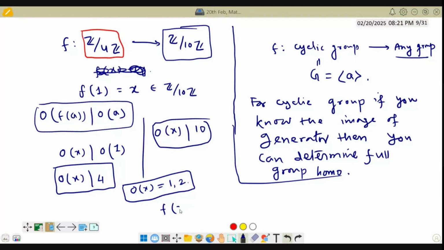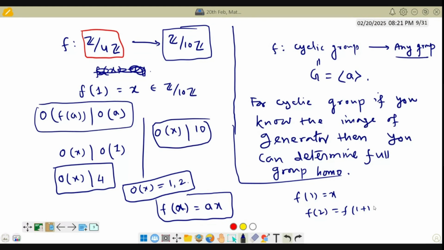And the homomorphism will be defined by f of a is ax, because I have fixed f of 1 is x. So f of 2 will be f of 1 plus f of 1, which gives you 2x.